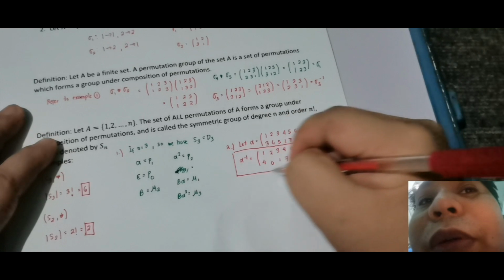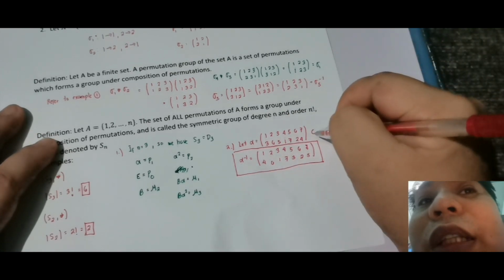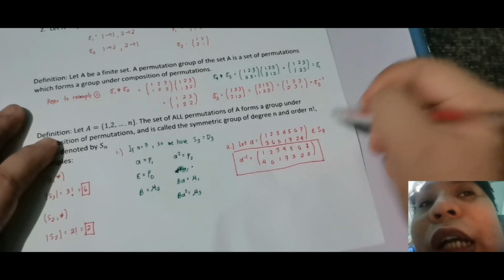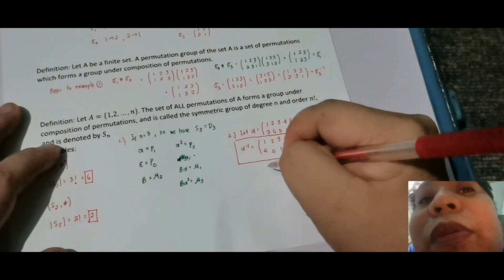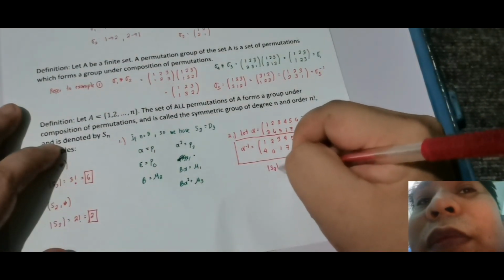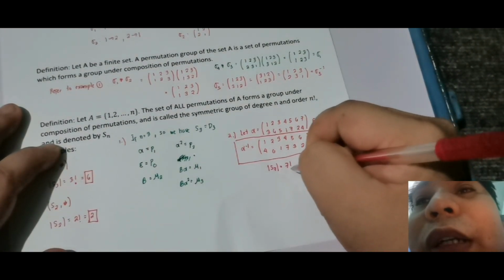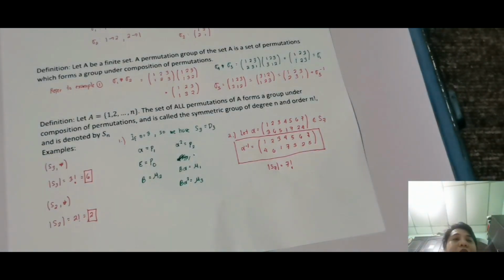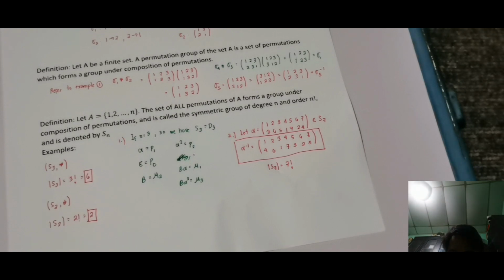Okay, at the same time aware tayo na galing siya kay S7. So alam natin na element to na S7. So kahit di ko sinabi. And we all know the order of S7 is just simply 7 factorial. So what is 7 factorial? Okay, so 7 factorial is 5040.